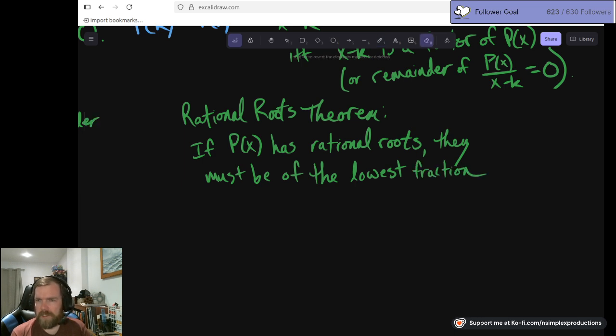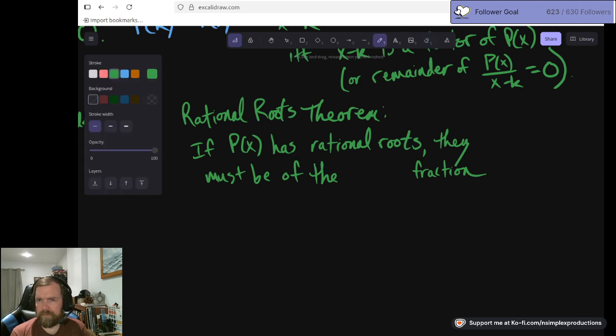I like lowest, simplified fraction form.